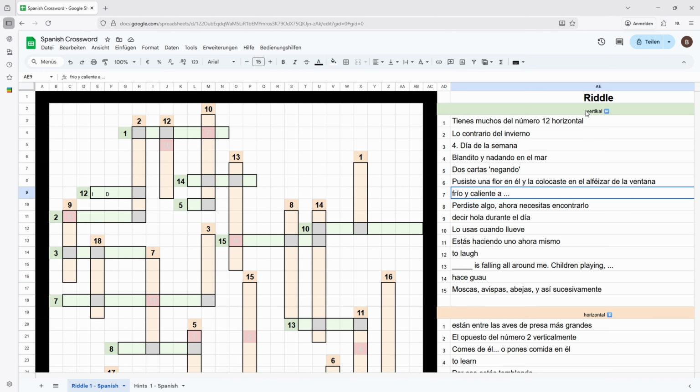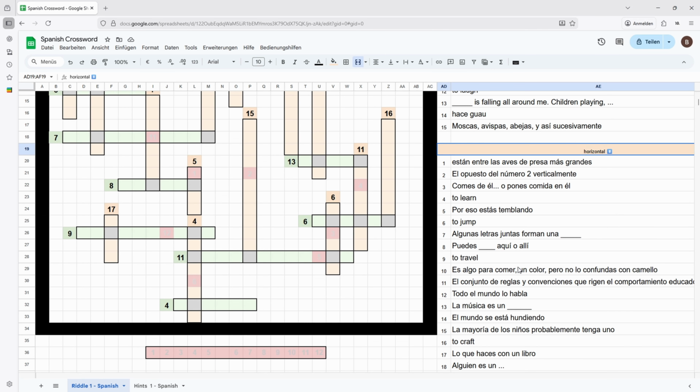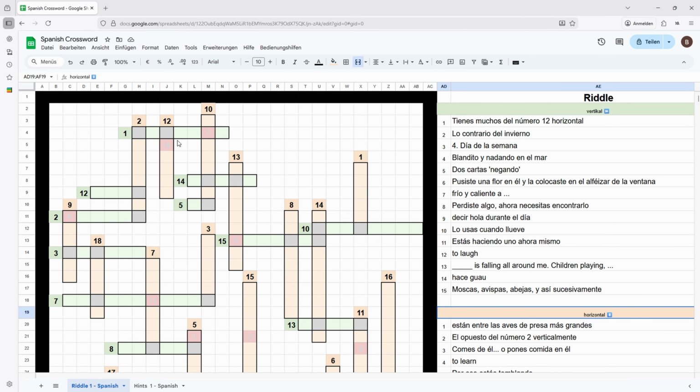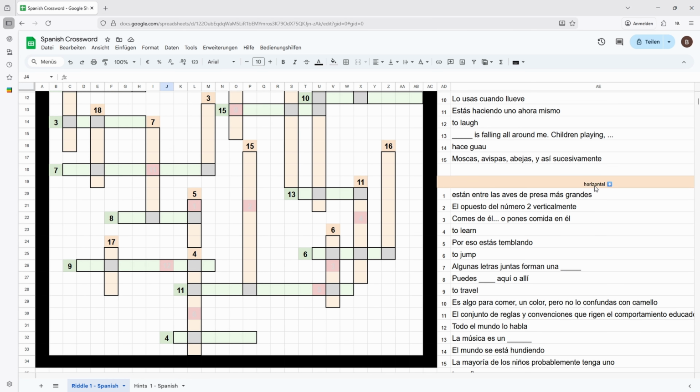And the problem is my sister kind of confused vertical with horizontal, so it's not here. This one is horizontal and this is vertical. So we are going to go for the 12 vertical, so this one, for the horizontal.